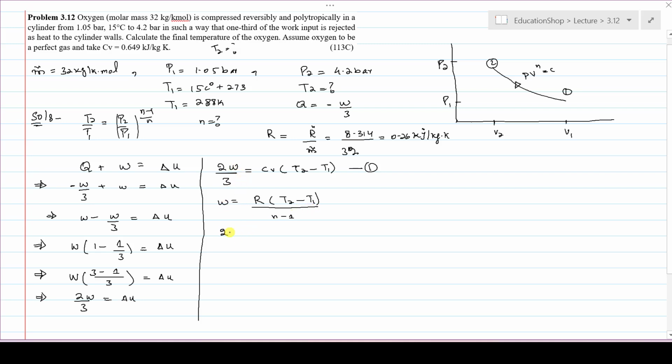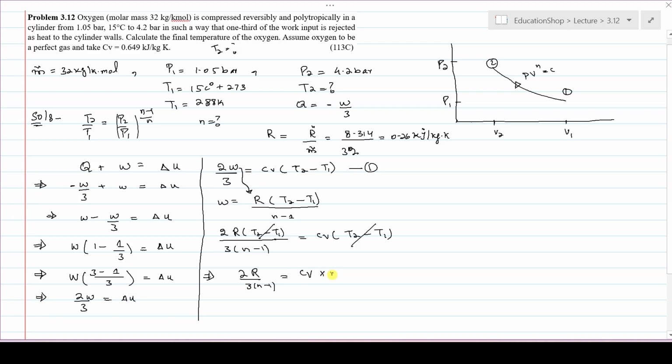I can say that 2 into R into (T2 minus T1) divided by 3 into (n minus 1) is equal to CV into (T2 minus T1). The T2 minus T1 terms cancel out, and 2R divided by 3(n minus 1) is equal to CV.